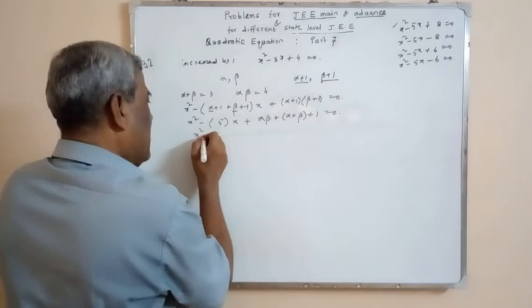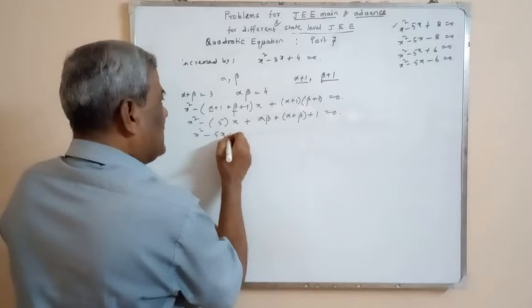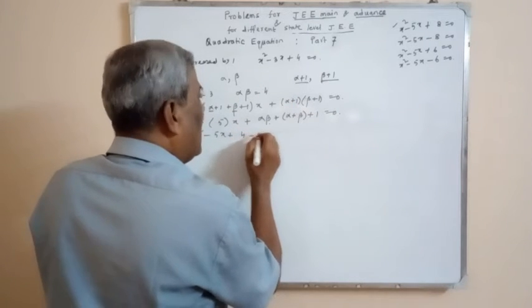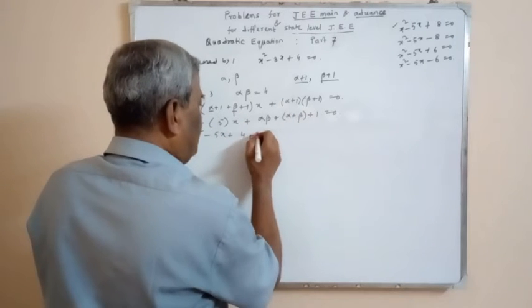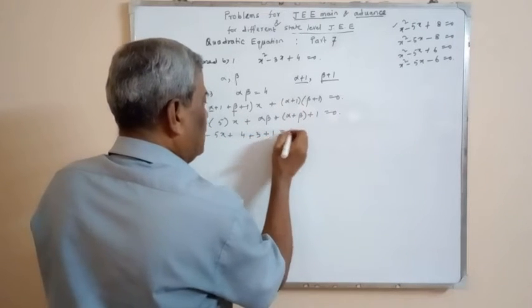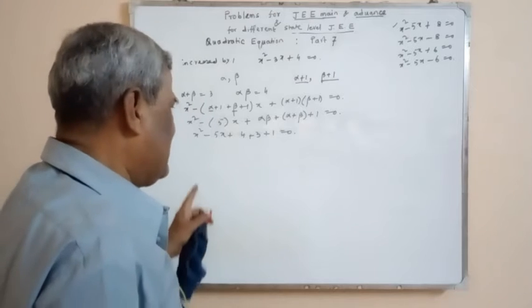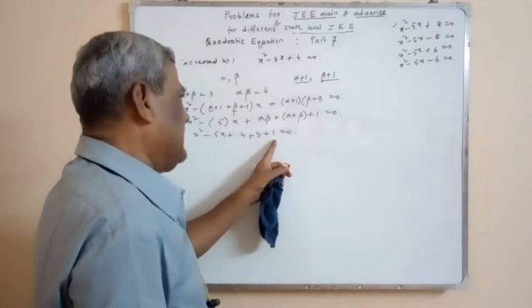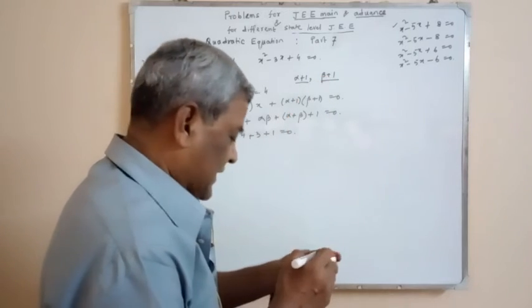That is x square minus 5x plus alpha beta is 4, so 4 plus alpha plus beta is 3, plus 1 is equal to 0. So once again we get the same result, x square minus 5x plus 8. First option is correct.